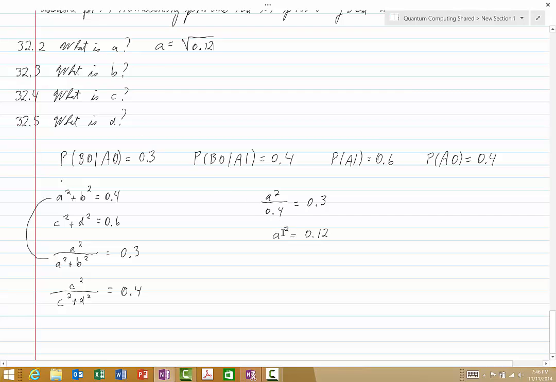And notice that this immediately gives us B squared, because if we substitute 0.12 in for A squared, then we get B squared is 0.28, or B equals the square root of 0.28. And now if we combine the second equation and the fourth equation, we have a similar kind of situation.